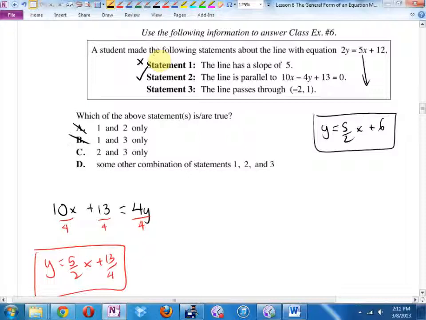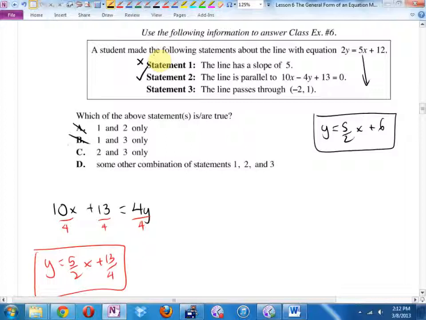Jordan, can you read statement 3 to me? The line passes through -2, 1. How can I tell if a line passes through -2, 1? What it really means is if you put a -2 in for x, you know what y should work out to be? Positive 1.